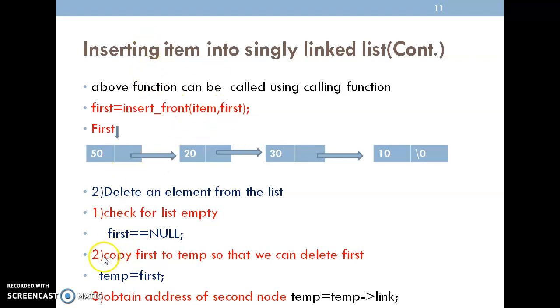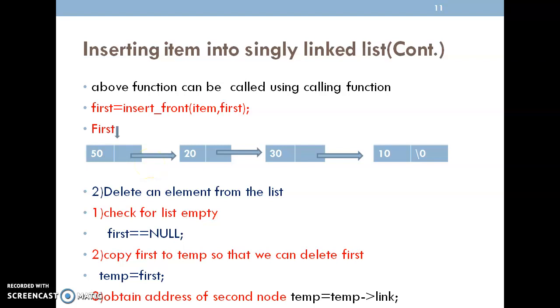So in the second step, if I'm going to delete this first node, then this link will be provided to the second node. For that sake, I'm going to store this first into a temporary variable. If I delete this, then the link will be left blank, which is not possible.